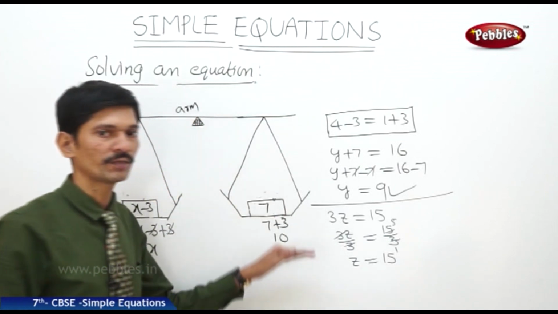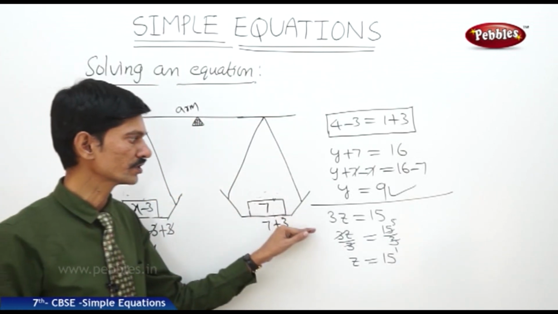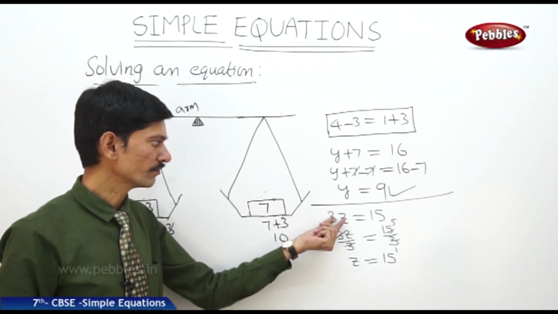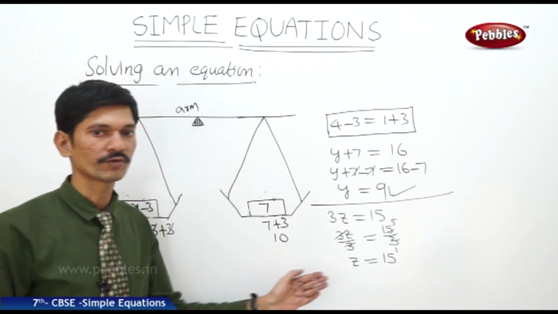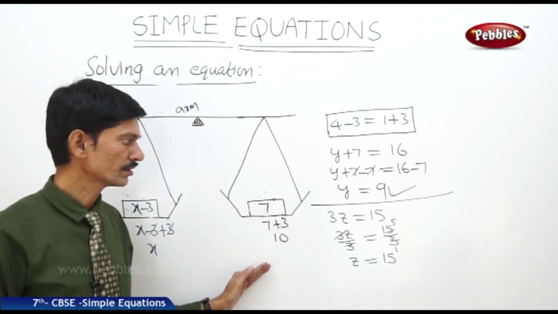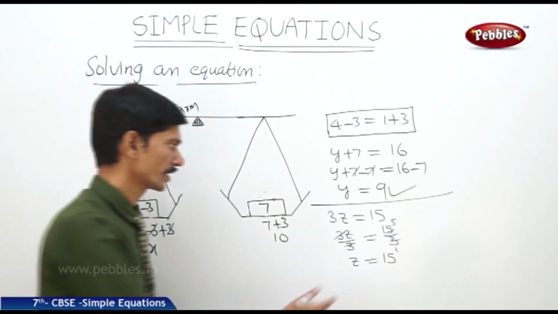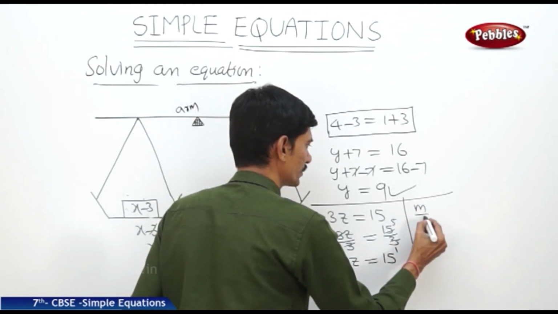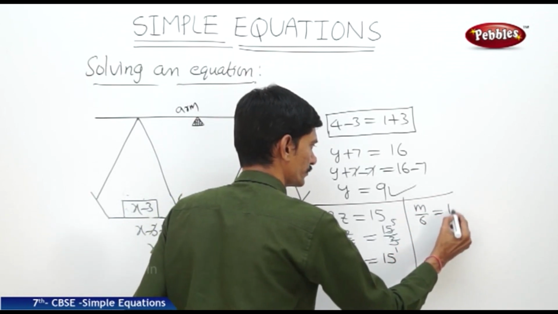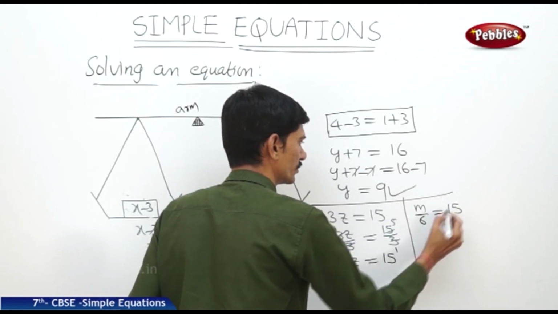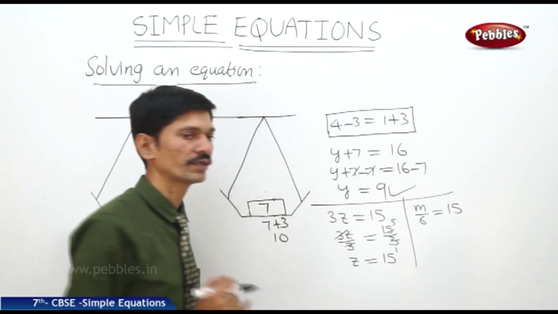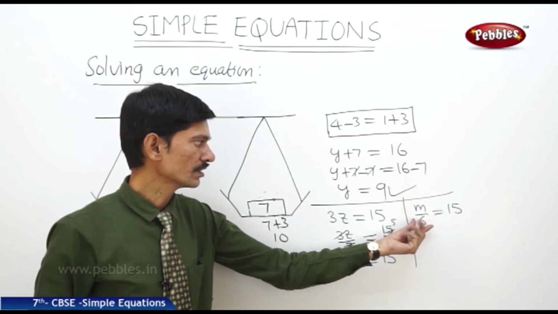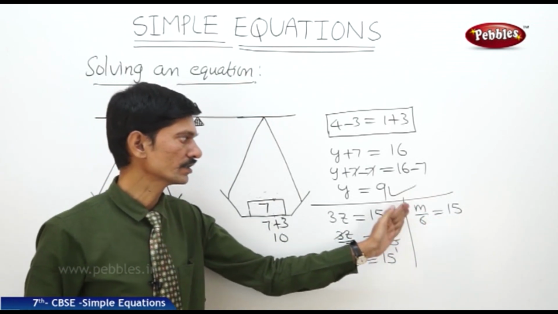So by doing the same mathematical operation on both sides of the equation, the variable present in the equation will be separated, then we get the value of the variable. For example, m by 6 equals 15. How to find the value of m? Here the division by 6 should be cancelled, so that m is separated in the LHS.